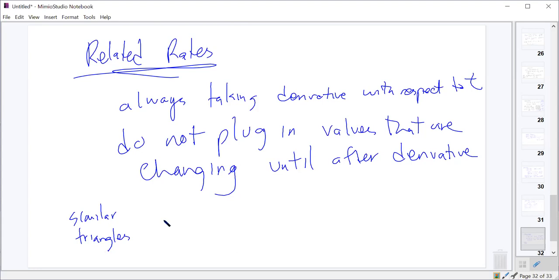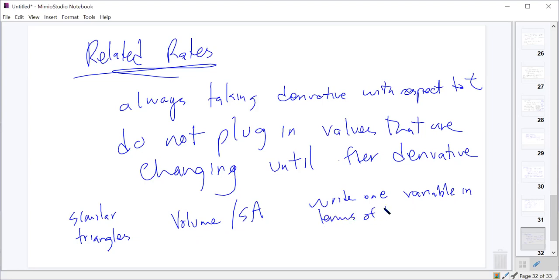They usually give you the volume formulas, but if they're talking volume and surface area, they're usually going to give you the volume and ask you to maximize the surface area, or vice versa. They'll give you an actual value that they want the volume to be, so you'll use that formula to write one variable in terms of the other and then substitute. Just remember that you need to do that with these related rate problems.